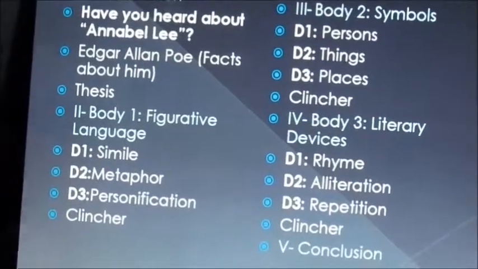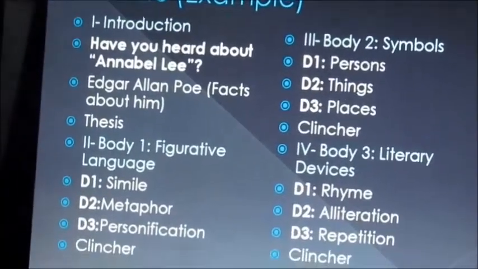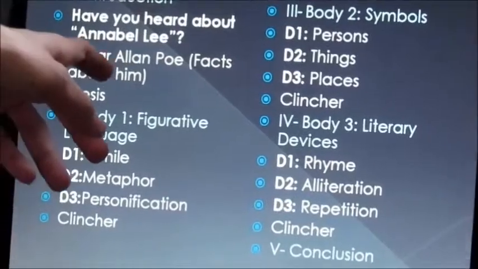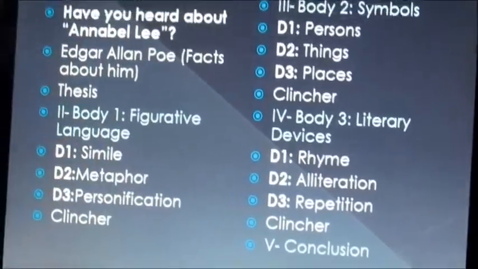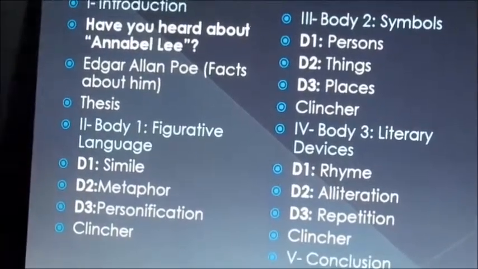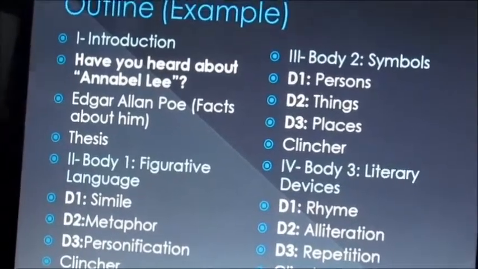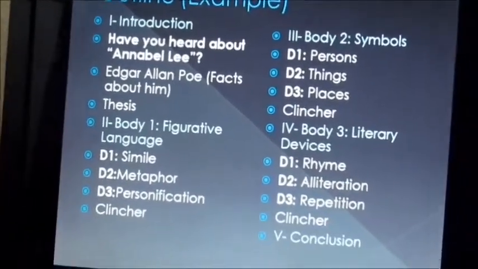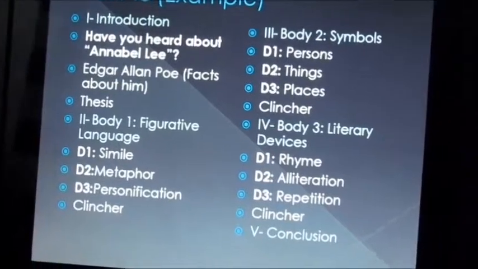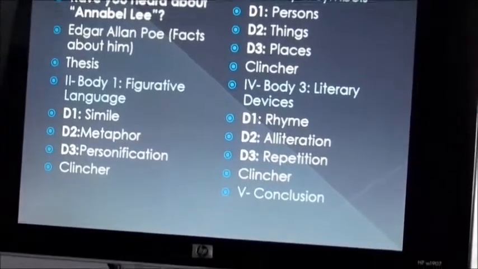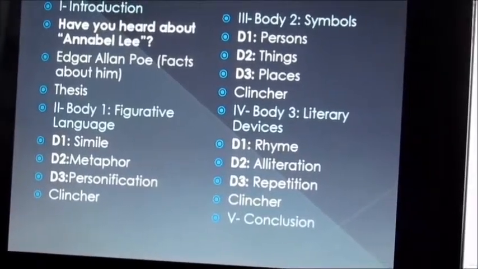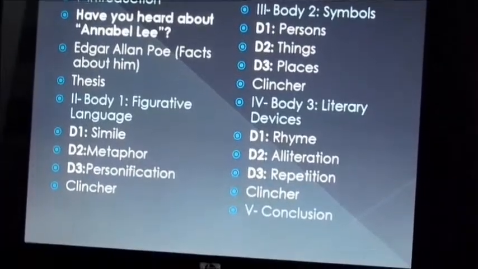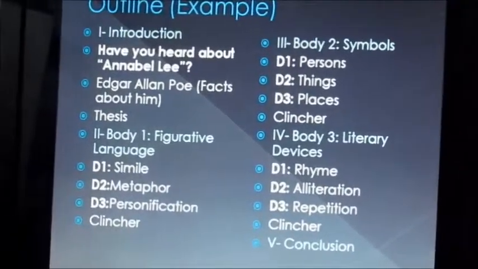This can be your way to gather the reader's attention. Also, we put facts about Edgar Allan Poe. Here, you will read the biography of Edgar Allan Poe, and you will put the most important things about his life. And then the thesis: here you will summarize the whole information from the introduction, and also say what the essay is going to be about.